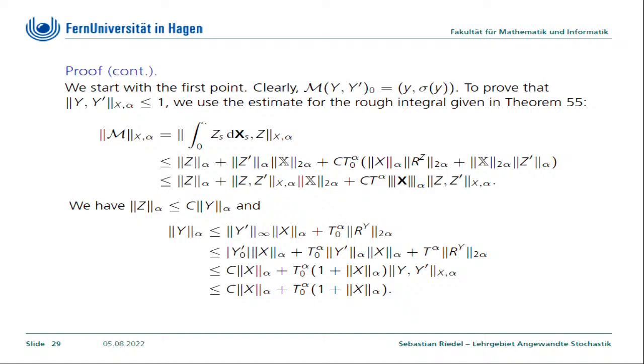So when I have the supremum norm, I can also bound this by just taking the initial condition, but then I also get a factor, the alpha Hölder norm of X prime here, but this can be bounded by 1 because I work in the unit ball. That's why it doesn't appear here anymore.